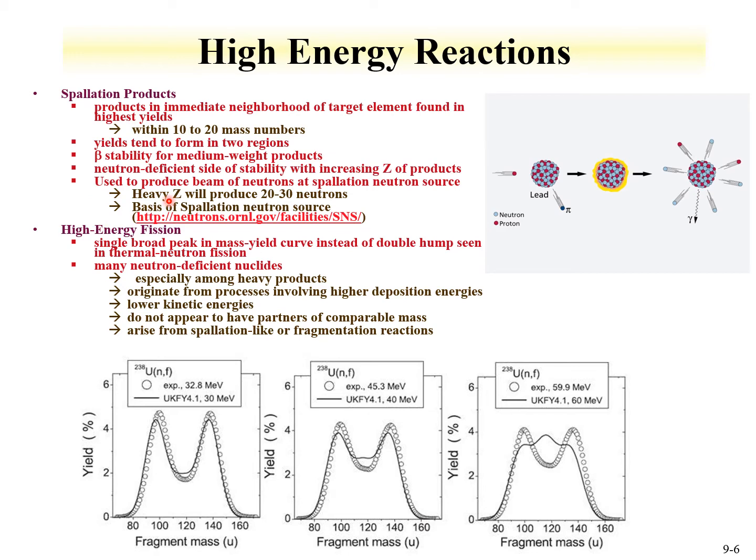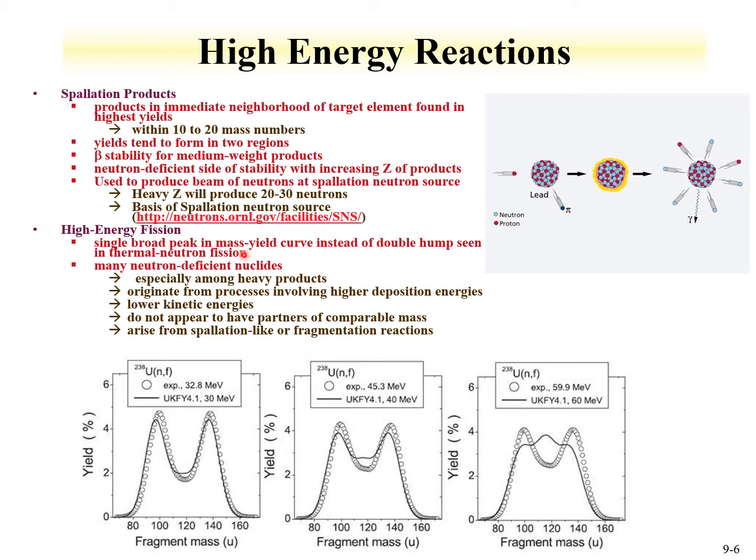Heavy Z's will produce 20 to 30 neutrons per proton interaction, and there's a web page listed here for the spallation neutron source run at the Oak Ridge National Laboratory that has information on this technique and its application for developing neutron sources.